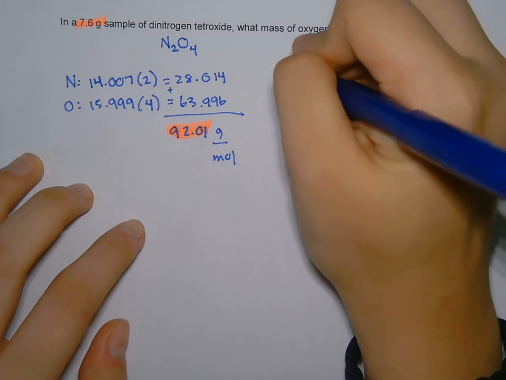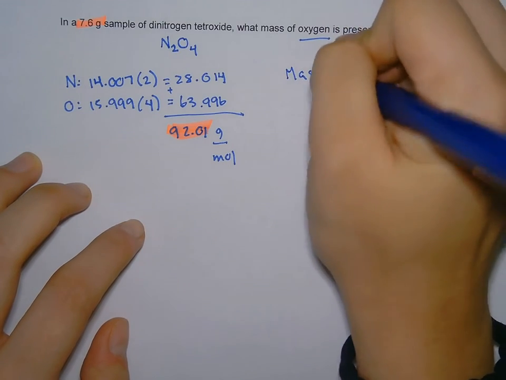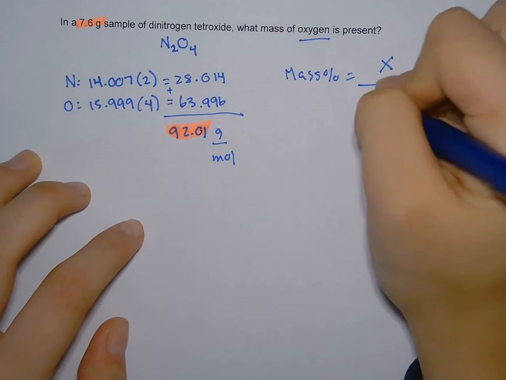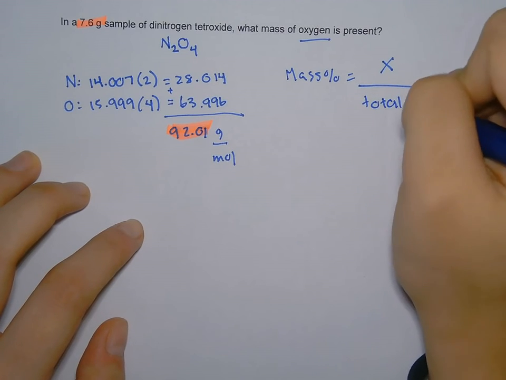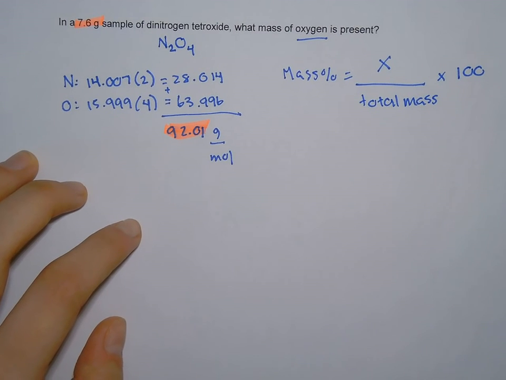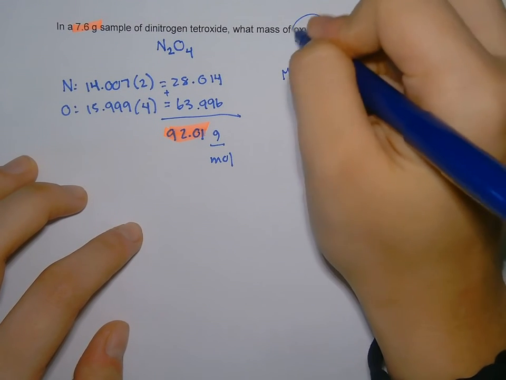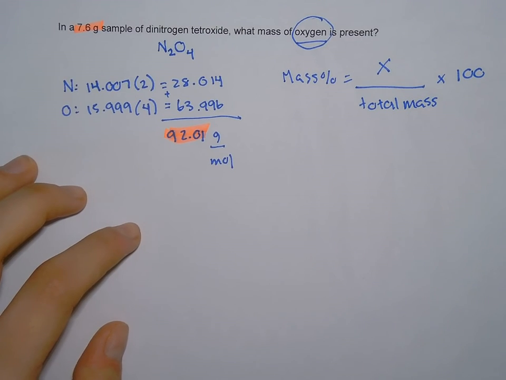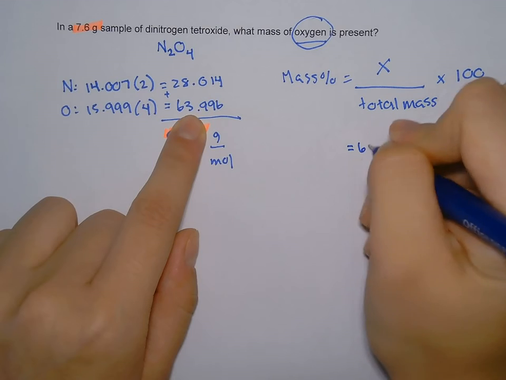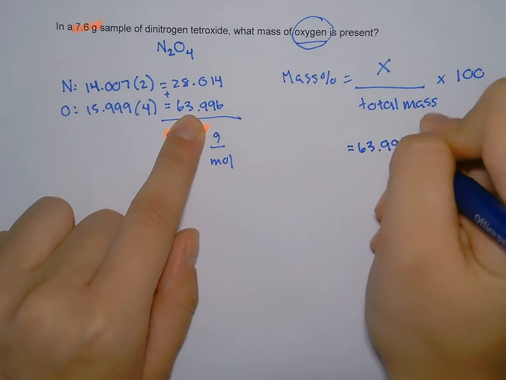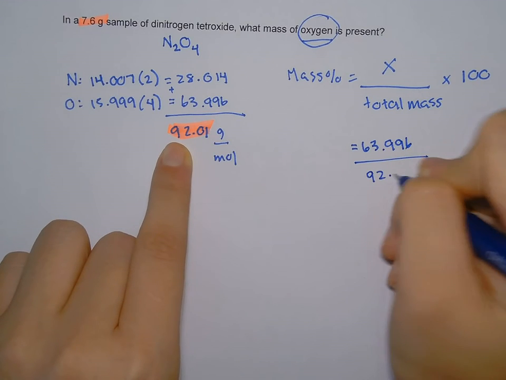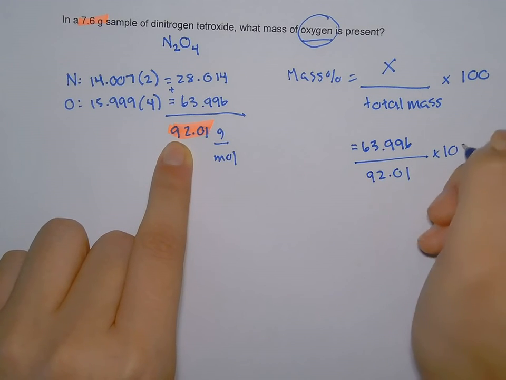So the formula of mass percent, again, is whatever you're trying to find the percentage of over the total mass times 100. Because we're trying to find the percent of oxygen, I'm going to use my oxygen mass, 63.996, divided by the total mass, which is 92.01, times 100.